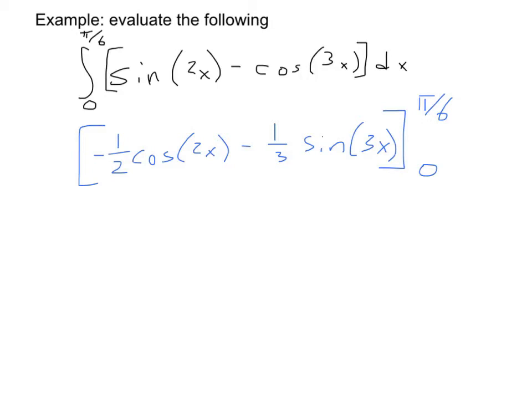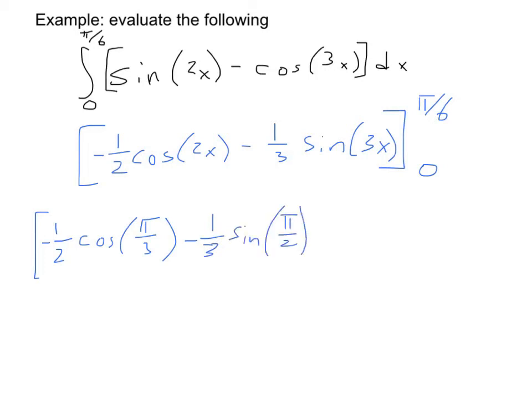So when I evaluate these things, I'll have negative 1/2 times the cosine of 2 times pi over 6, which is pi over 3, minus 1/3 the sine of pi over 2. So it'll be all that minus, and now I'll plug in 0. This will be negative 1/2 the cosine of 0 minus 1/3 the sine of 0.